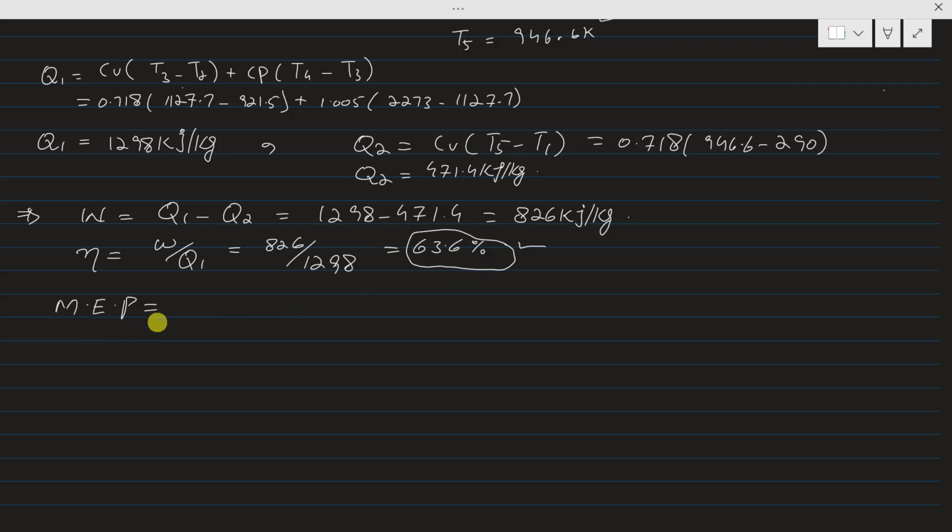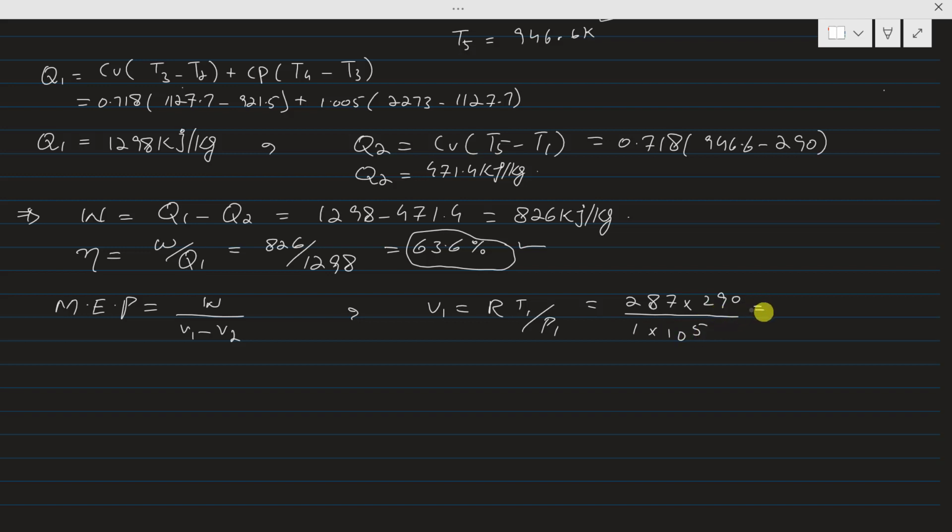Next is to find the mean effective pressure. It will be equal to work done divided by the volume that is under the piston, that is equal to V1 minus V2. So we need to find V1, that is equal to R T1 divided by P1. So that R is 287, temperature is 290 divided by P1 is 1 bar, 10 to the power 5.